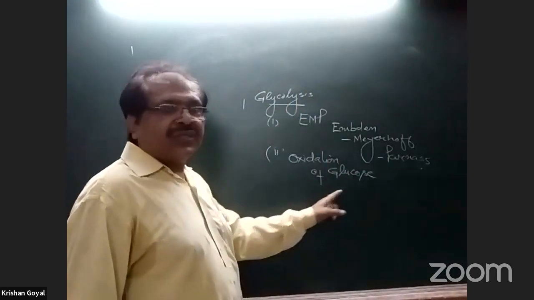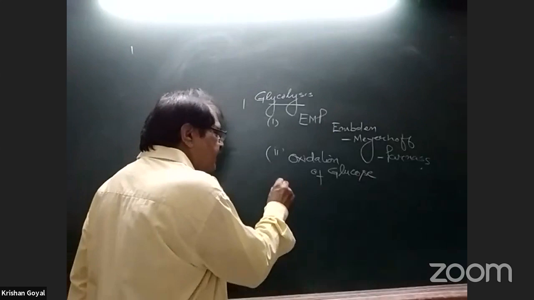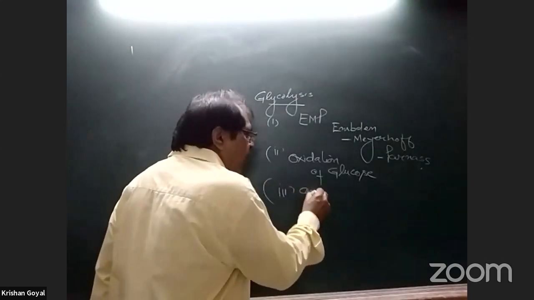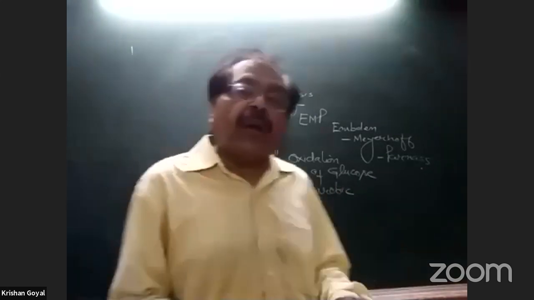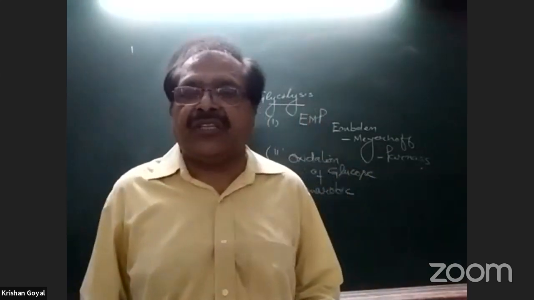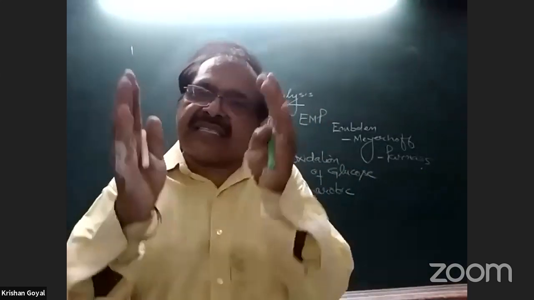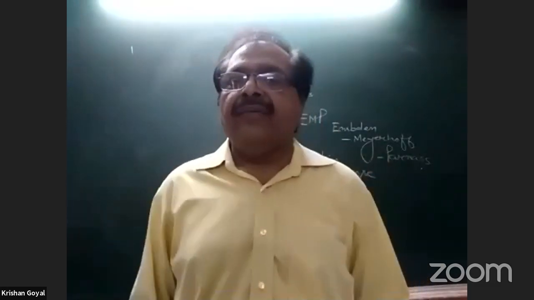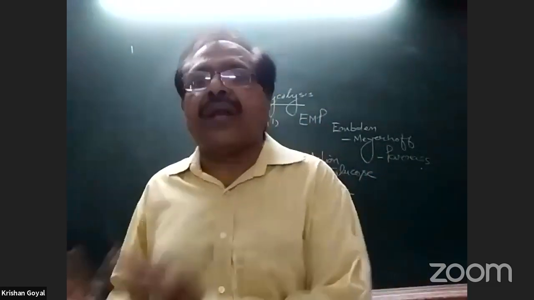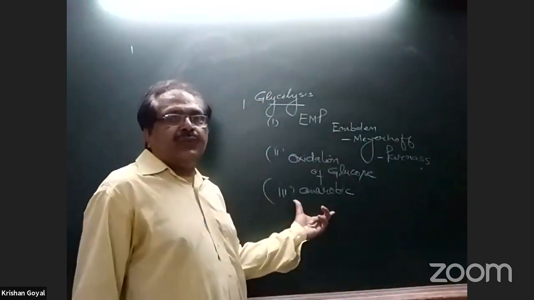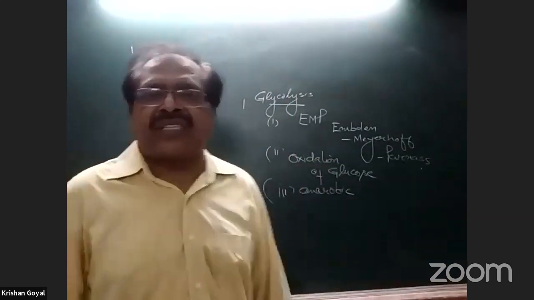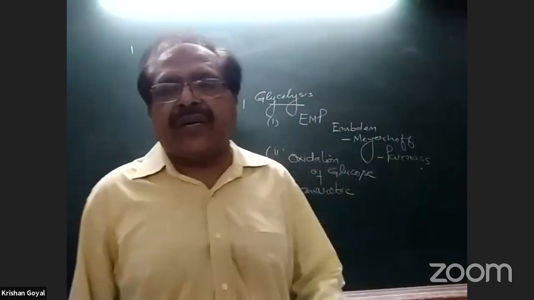Oxidation of glucose. Third, it is an anaerobic process. Please don't confuse it with anaerobic respiration and aerobic respiration. Glycolysis has to occur whether it is the aerobic process or anaerobic process. But in glycolysis, no oxygen molecules are used. It's a very important question for your NEET examination.